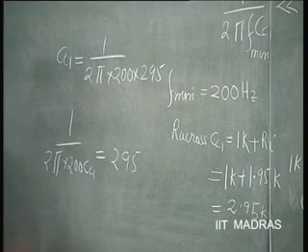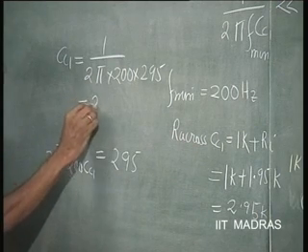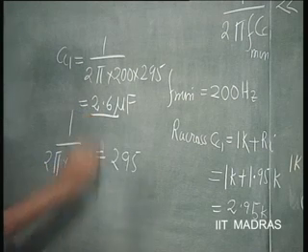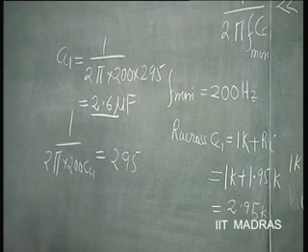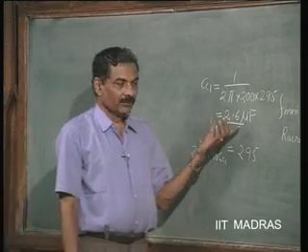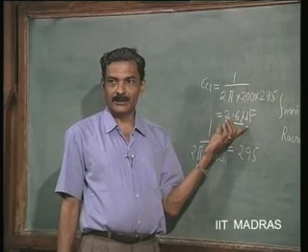Yes, how much is it? 2.6 microfarads. Correct? That means if I use any capacitor greater than 2.6 microfarad, it is going to satisfy this. So, this is the design rule.